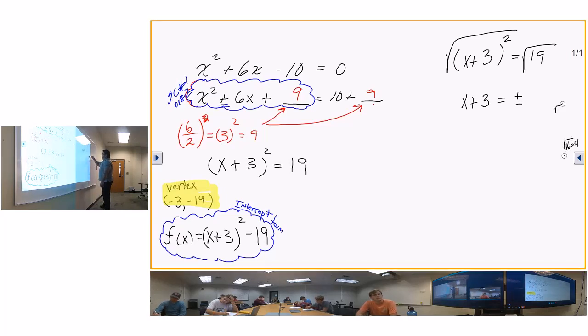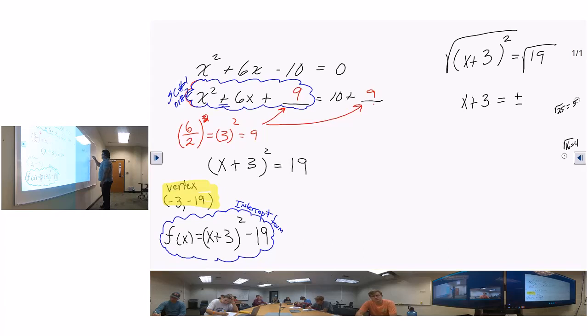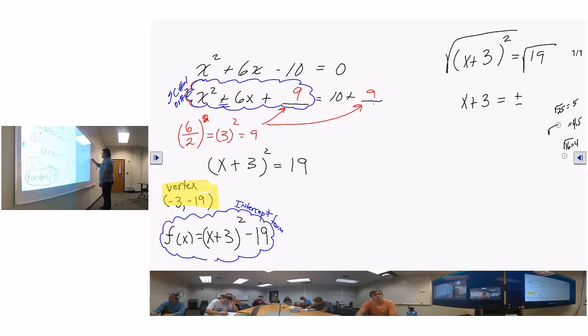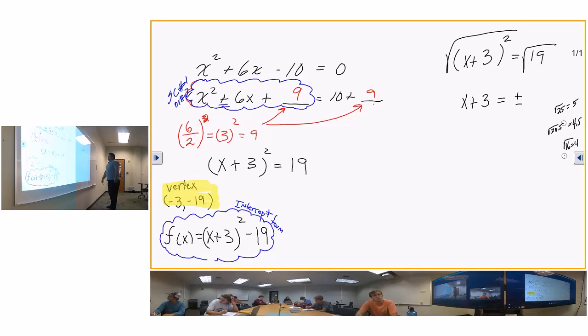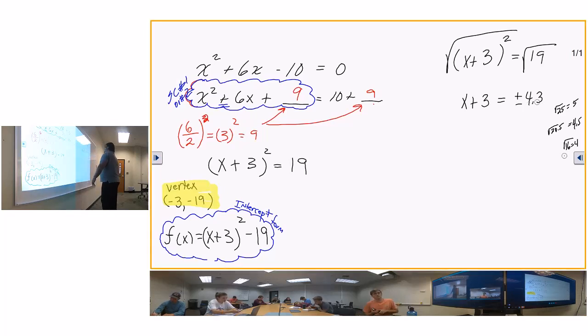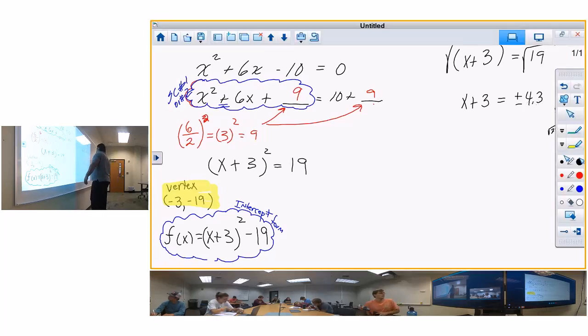The square root of 25 is 5. 4.5 is in the middle. 16 to 25 is 9. Half of 9 is 4.5. So I'm going to say 4.3 or 4.4. Probably 4.3. Somebody tell me what the square root of 19 is. 4.35. It's a miracle. So you can use 4.3 or 4.4.